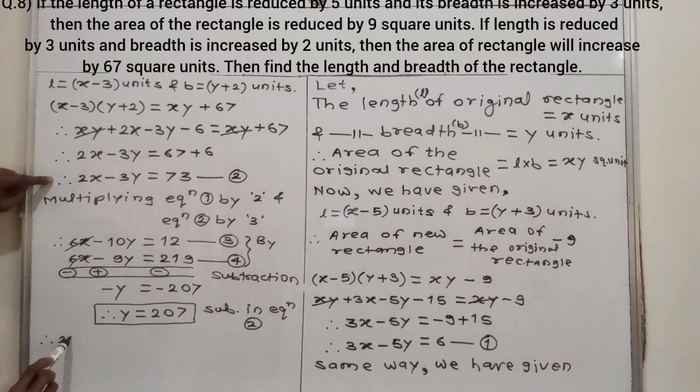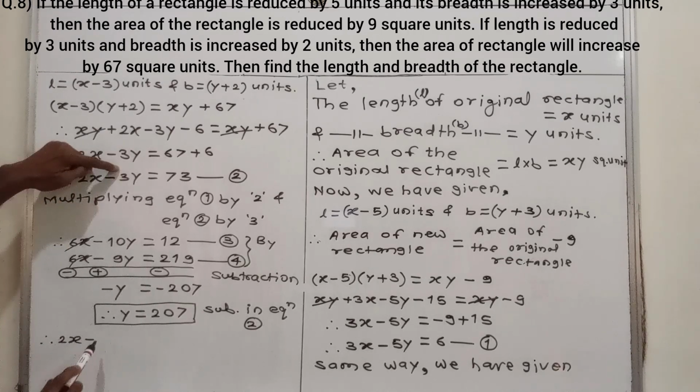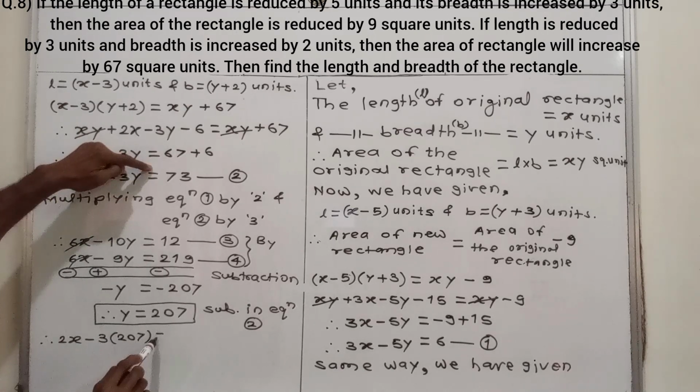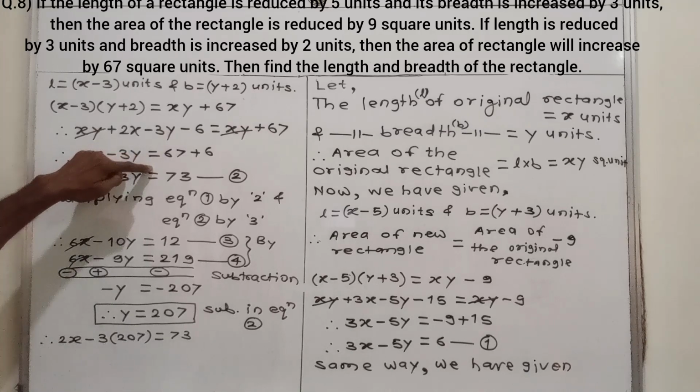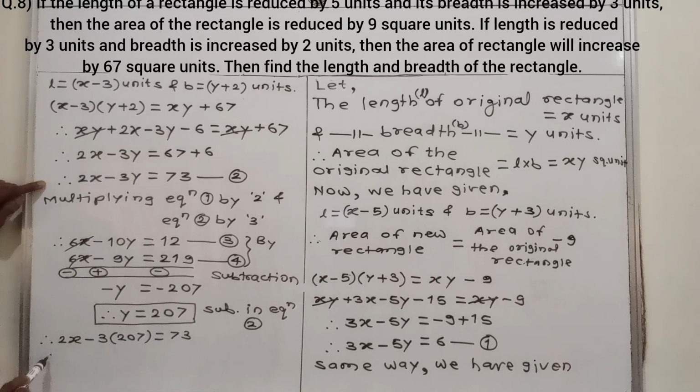See here, 2x minus 3 into the value of y we put here is equal to 73. Therefore, 2x minus 3 sevens are 21, 3 into 0, 0, and 3 into 2, 6, is equal to 73. Did you get it?